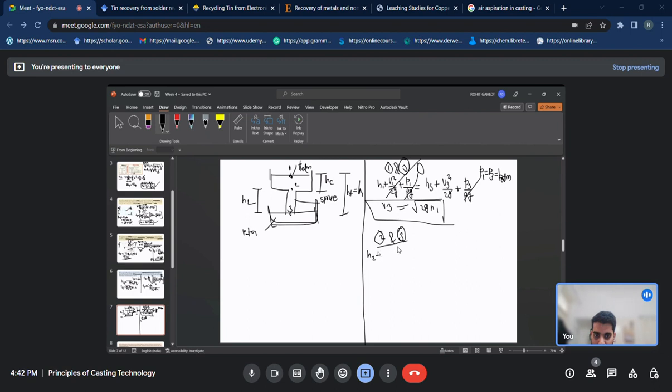you write it as h2 plus v2 square by 2g plus p2 by rho g will be equal to h3 plus v3 square by 2g plus p3 by rho g.